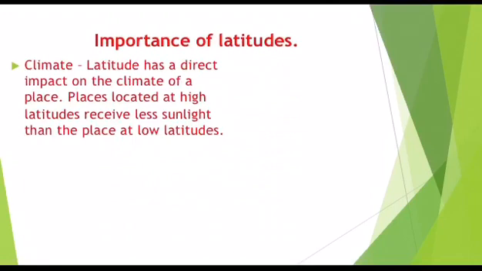And because of which the temperature is high. And if a place is very close towards the poles, it receives slanting sun rays and the temperature is low over there. So this is how the latitudinal location can help us to give some idea about the climate that particular area is going to have.